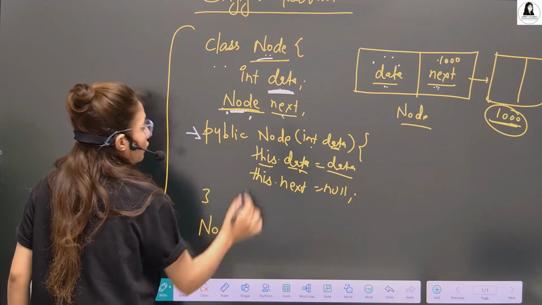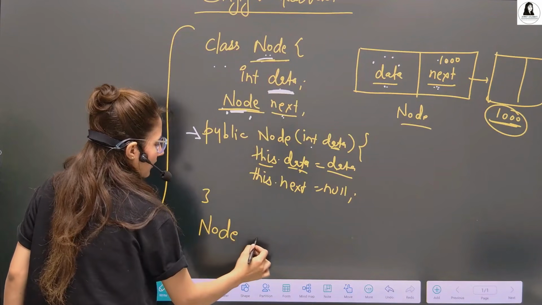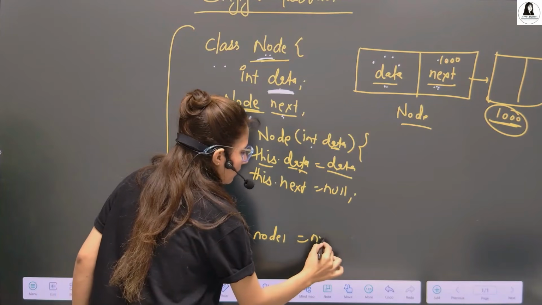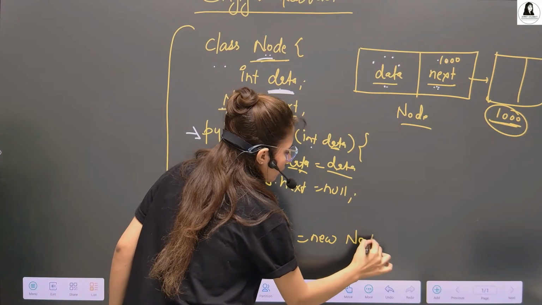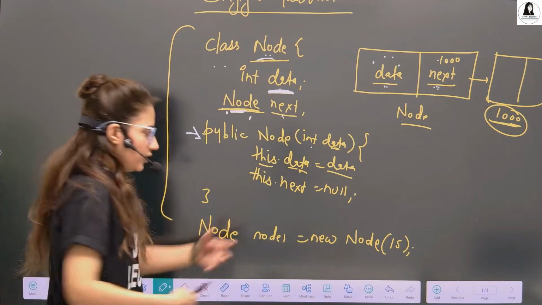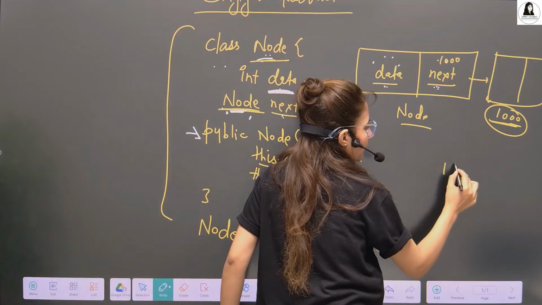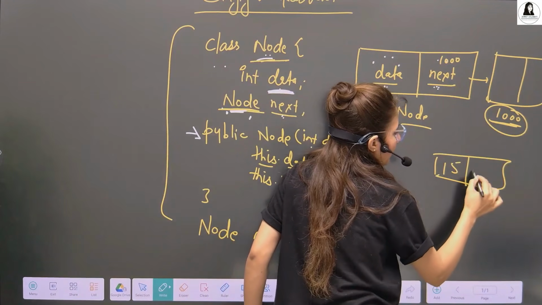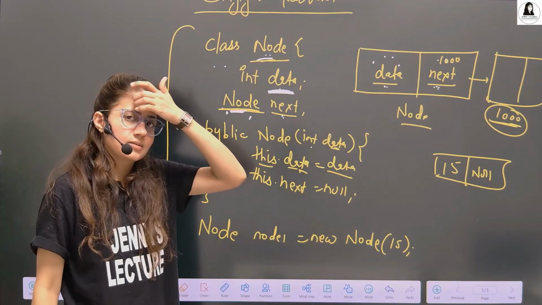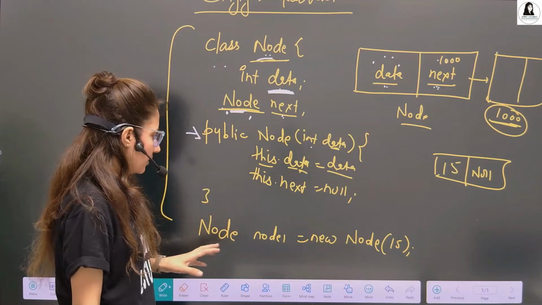When you have to create a node, and the node name, suppose I'm taking node1, is equal to new Node, and I'm just passing here 15. So a new node would be created in heap memory with 15 as the actual data, and here null, something like this, right?